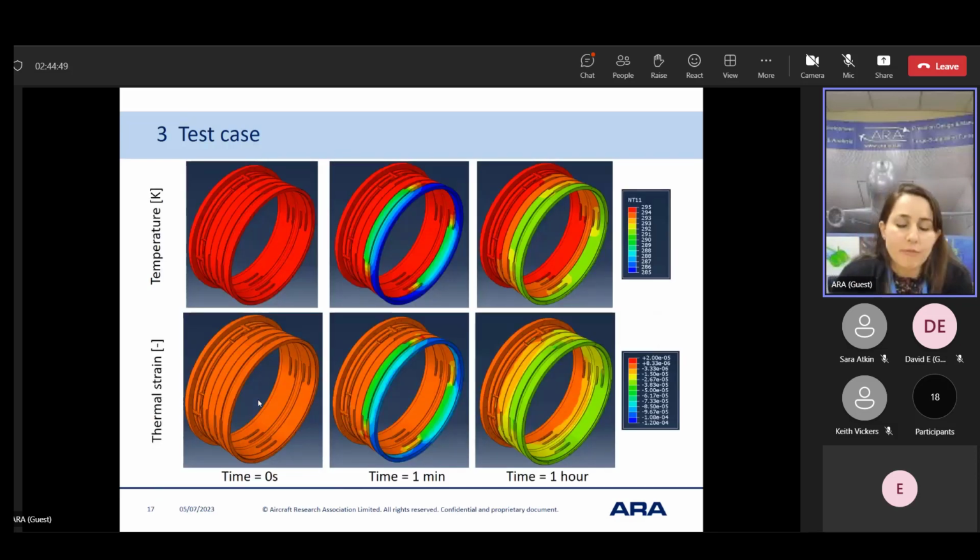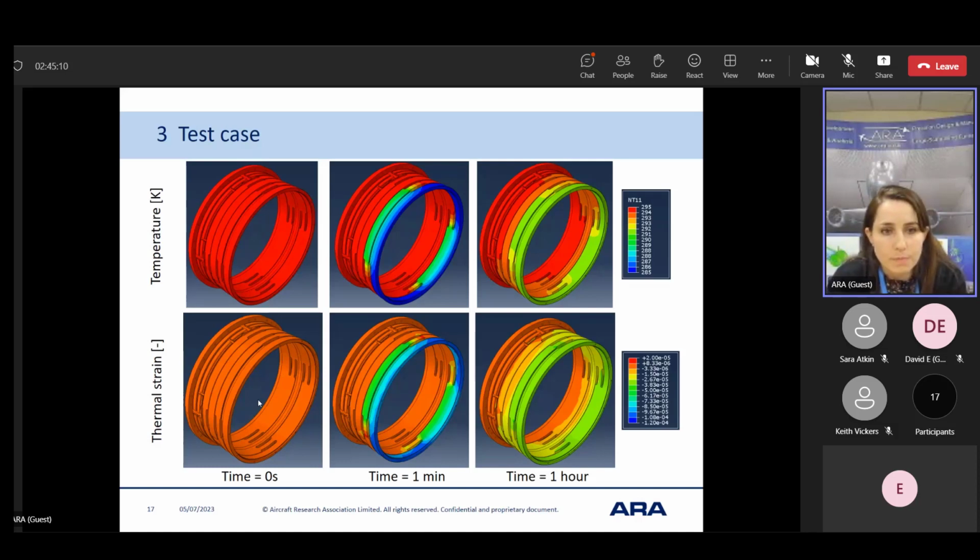In this FE simulation, which I'm going to use later for comparing my results using the novel numerical method, you can see how the balance behaves throughout the time, from time 0 to 1 hour.